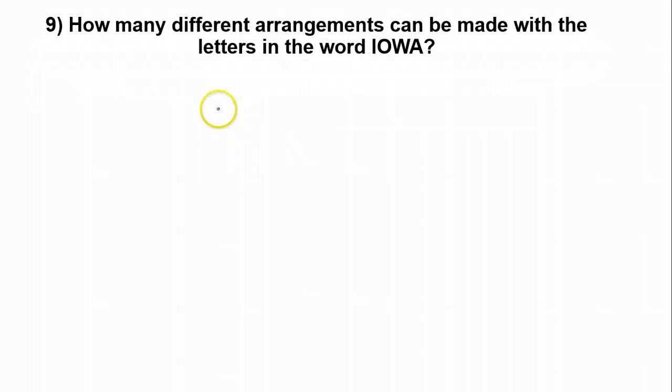So conserve your energy. It says, how many different arrangements can be made with the letters Iowa? So what I like to do is actually do a list of words or a tree of words. So if the first letter is I, well, here's one arrangement, right? Here's another arrangement.